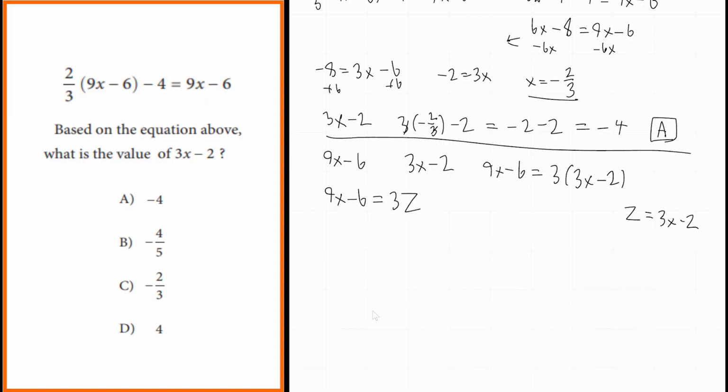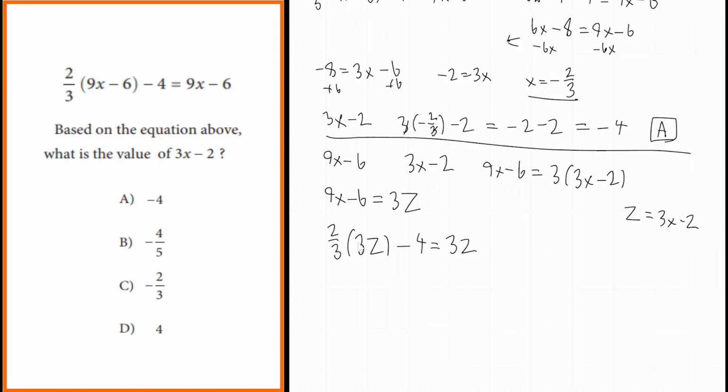What does that do? We go back to our original equation, and everywhere that we have 9x minus 6, we can substitute 3z. We get 2/3 times 3z minus 4 equals 3z. Now when we solve for z, we're solving for the exact thing that we're trying to get as our final answer.